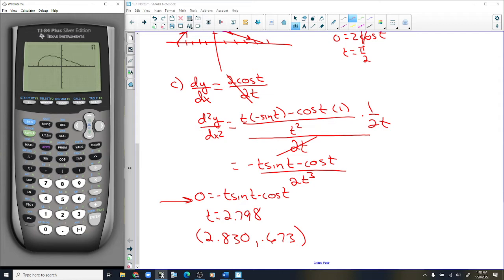Now if you go second, calculate a value, and I'll go 2.798. Keep in mind that's rounded. So there's our point of inflection, 2.830. This says 2.828 because I have a rounded answer. Then 0.673. That's where the point of inflection is happening right there. So that's what we found.